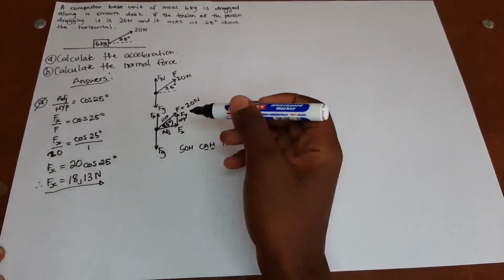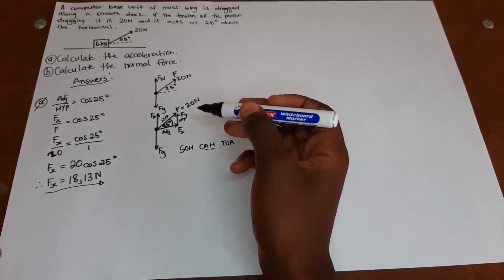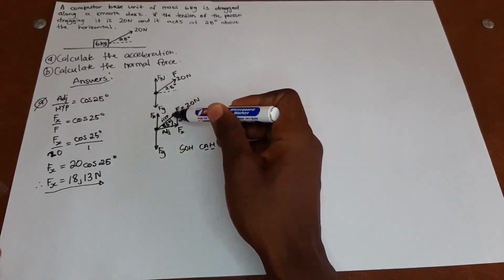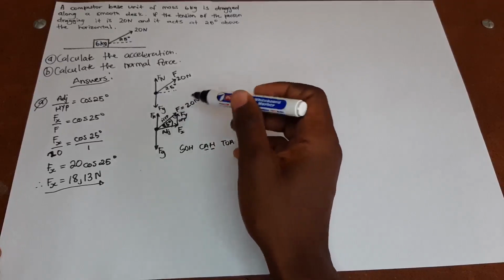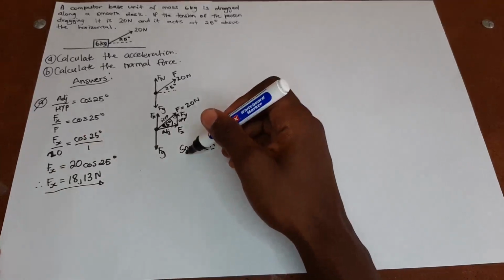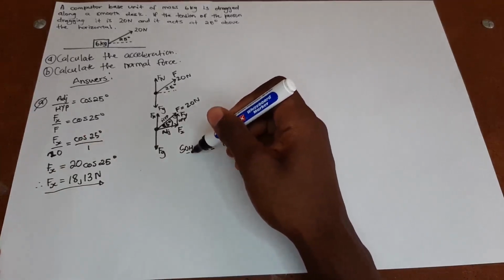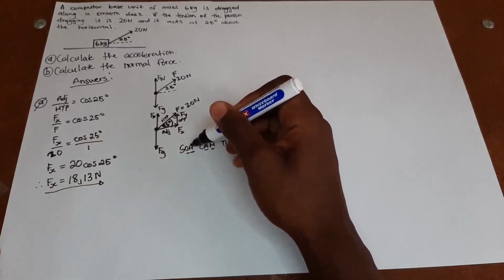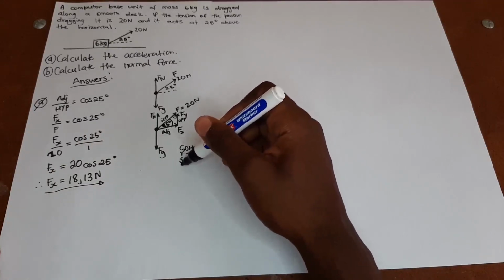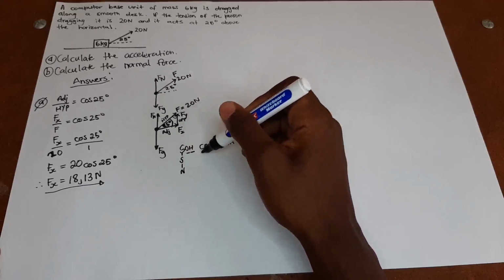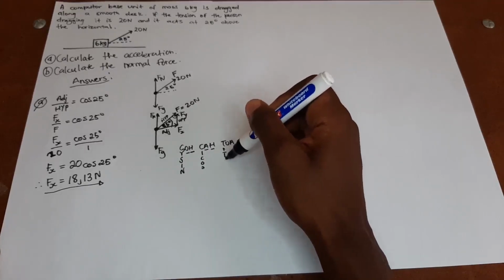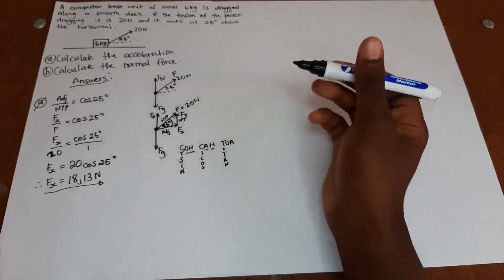Let's find our y component. For our y component, let's look here: opposite over hypotenuse. What's our opposite over hypotenuse? It goes with sine. This is sine, this is cos, this is tan theta.